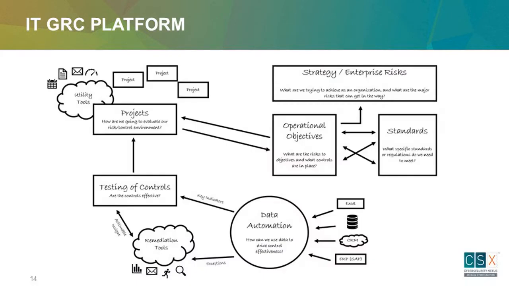So let me illustrate with a simple whiteboarding exercise to lead you through a typical IT GRC workflow. We start by identifying strategic or enterprise risks. These are risks that impact the entire organization, not just individual departments.